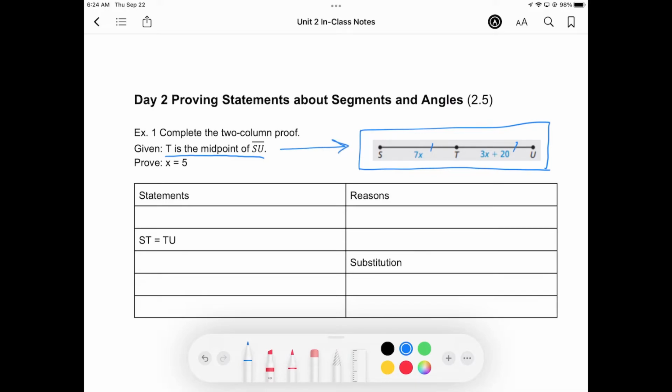So technically, we do need to add something here. We need to add to our given that ST equals the expression 7x and TU equals the expression 3x plus 20. I need to have that as part of my givens. So I want to copy all that given information down. I want to say T is the midpoint, you can abbreviate MDPT period, that's midpoint.